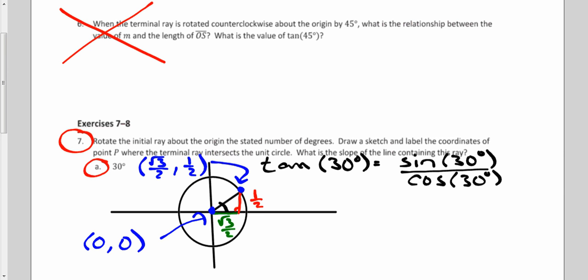So my lesson to you is, what is another name for slope? If the slope equals the sine divided by the cosine, tangent. Slope is tangent. Tangent is slope.